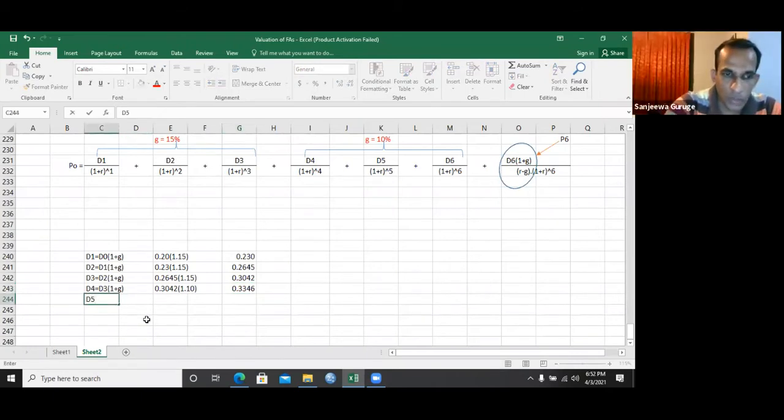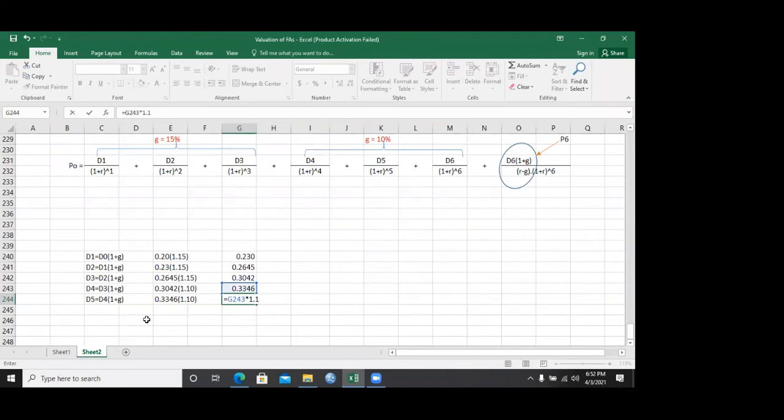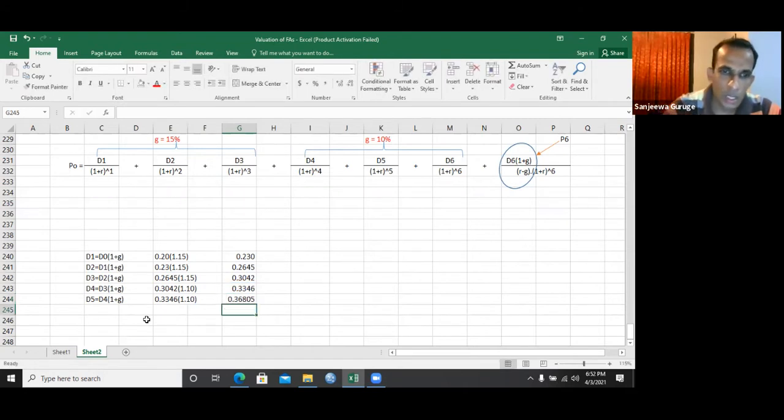Then you can calculate D5. D5 equals D4 into 1 plus G, that is 0.3346 into 1.10. What is the value of D5? It is 0.3681.